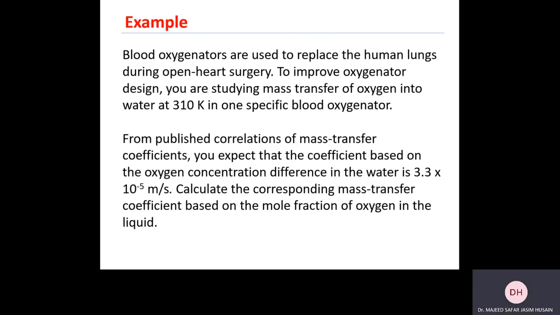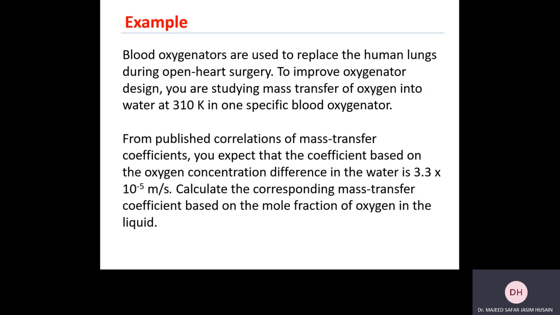So we'll take two examples now, and hopefully we'll try to apply these equations. The first example says blood oxygenators are used to replace the human lungs during open heart surgery. If you have an open heart surgery, then there are oxygenators replacing the lungs.